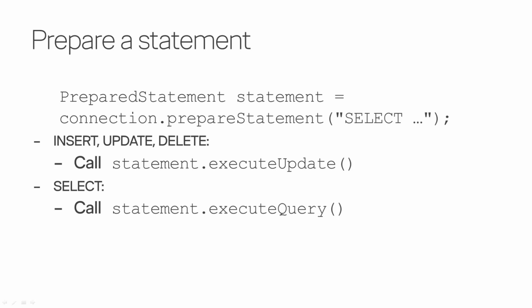So let me first go into, we execute the statement, and there are two different ways of doing it. If it's an insert, update, or delete statement, you execute update. And I think you already by now have figured out that insert, update, and delete are quite a bit different from select in many ways. Right? If you select, you're going to see a result.